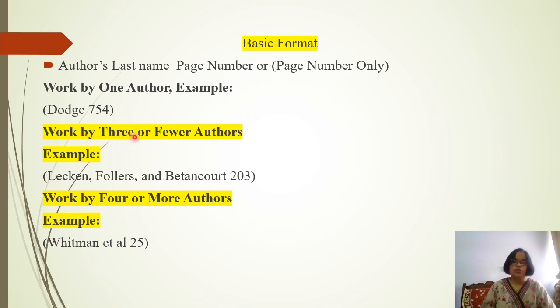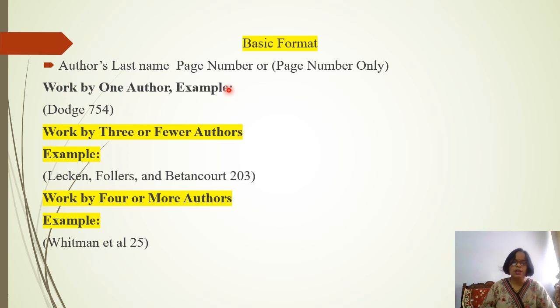Works by three or fewer authors, suppose three authors are there, so Lacan, Fowlers and Betancourt 203. Then work by four or more authors, again Whitman et al. 25. So these are three examples.